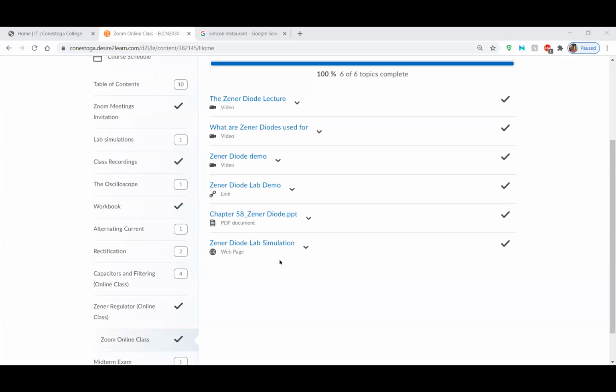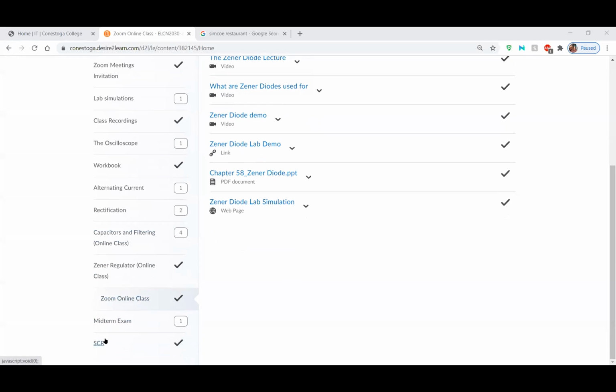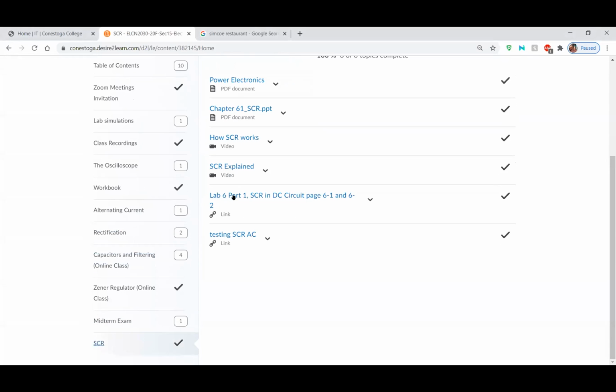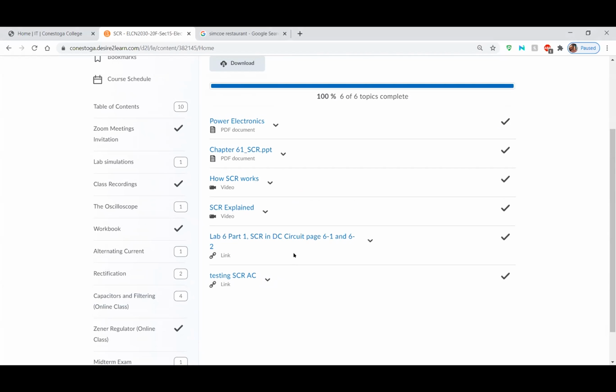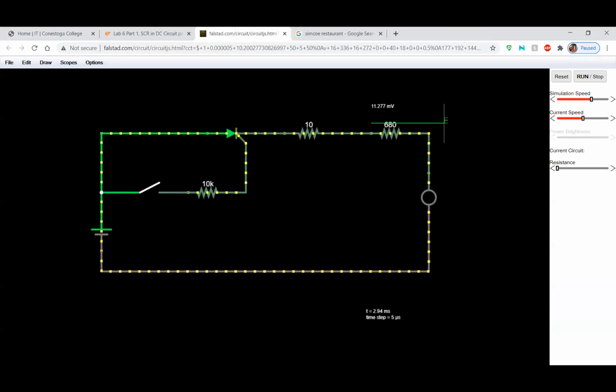As I said before, there's a simulation here. On this simulation, we have our oscilloscope. I'm going to bring my oscilloscope a little bit lower so you can see what's happening, okay? Right now, our circuit is off.